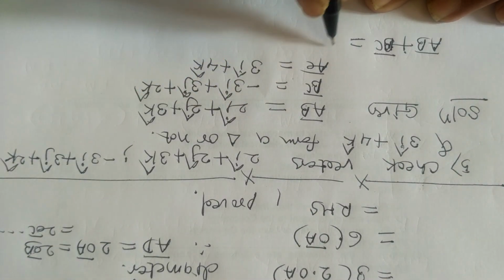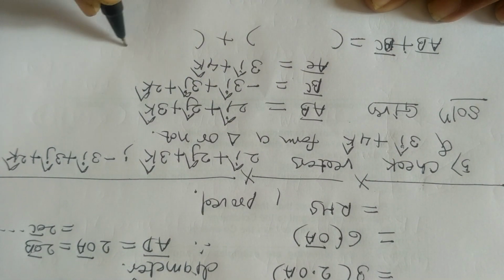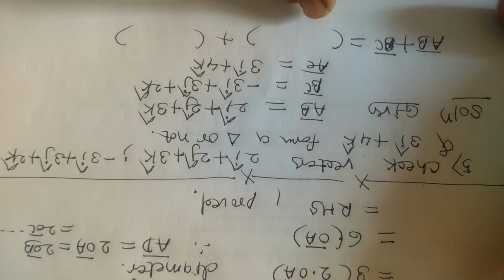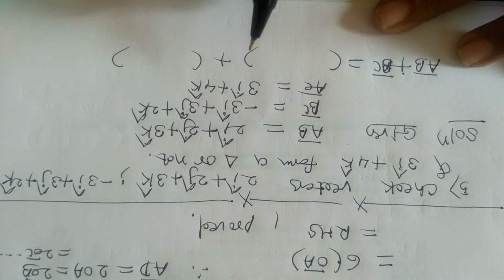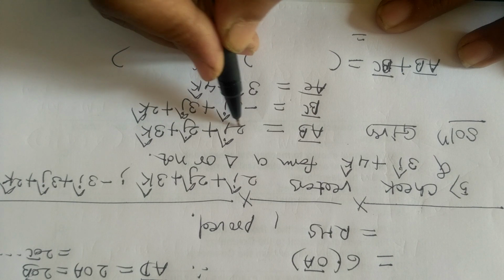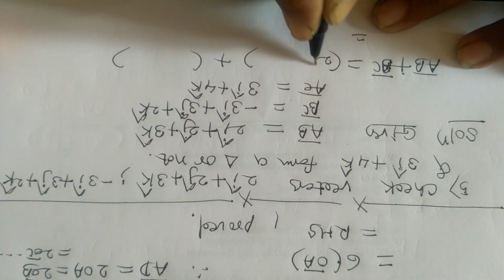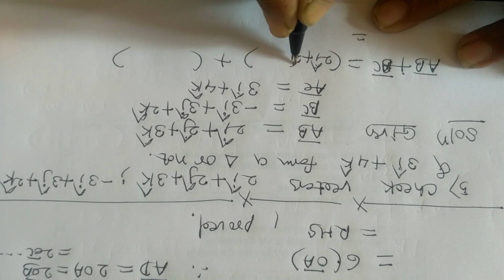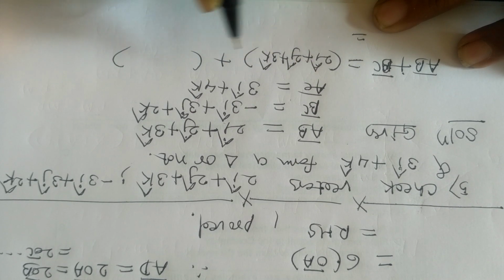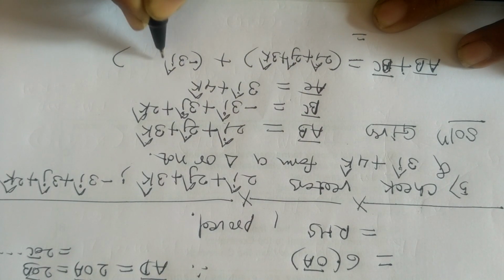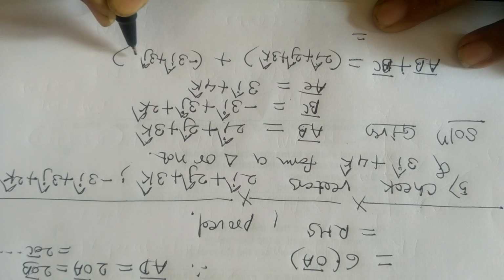Here we take direct addition of the two vectors by adding like components: 2i cap plus 2j cap plus 3k cap, plus minus 3i cap plus 3j cap plus 2k cap.